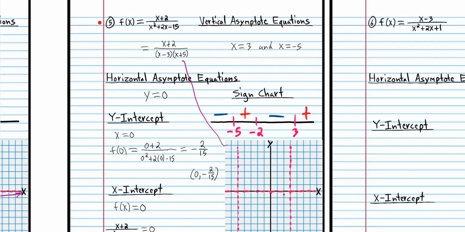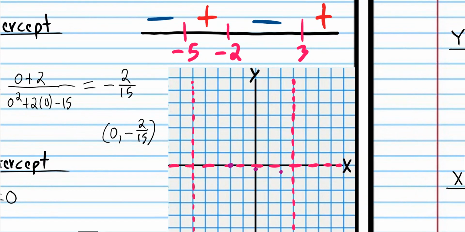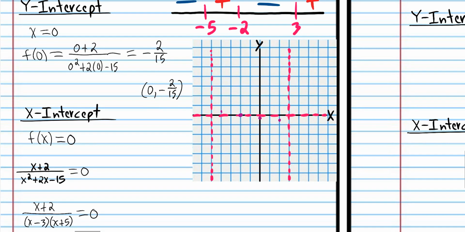If you plug in -4, looks like you get +2/7. So this kind of gives us an idea of what the graph looks like. Something like that.